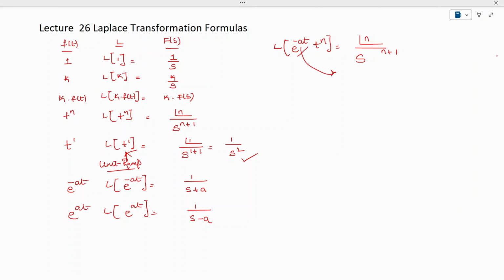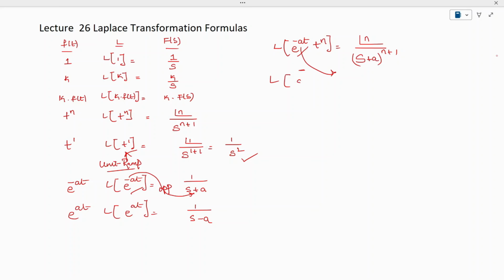We have a negative in the exponential, so automatically the sign will be opposite, and you are going to get s plus a whole to the power n plus 1. So Laplace of t to the power n is n factorial divided by s to the power n plus 1. But here we have e to the power minus at, so this is minus, and automatically you get the opposite sign, which is n factorial divided by s plus a to the power n plus 1.